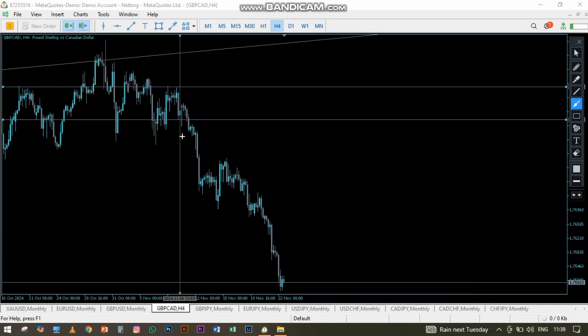When the new day starts and we're on the H4 time frame looking for entries, a key point is that we want to enter the market when other big institutions or other traders are entering. That means we are supposed to enter when the London session opens, because here in Uganda it is the London session that opens first, then the New York session opens last.